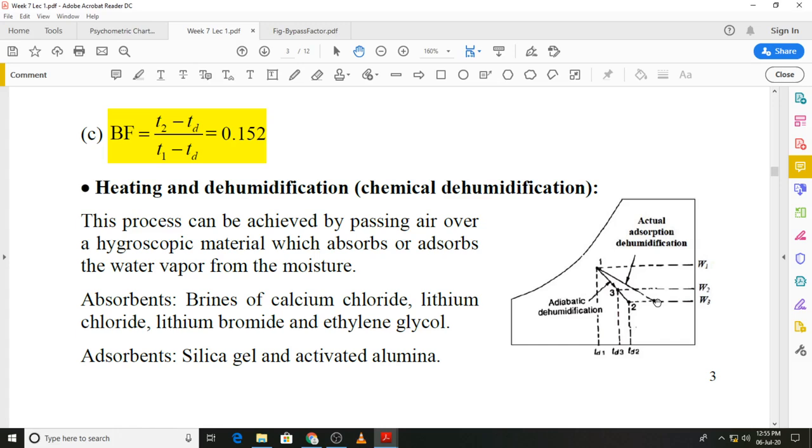Now if we have chemical dehumidification prior to the cooling and dehumidification process, part of the latent load will be taken up by the chemical dehumidification process, so the latent load on the cooling coil will be reduced.